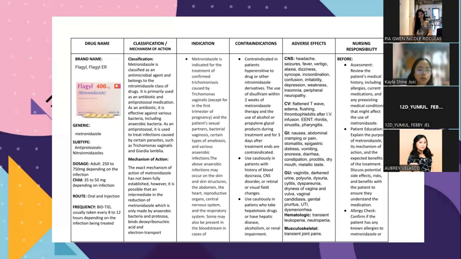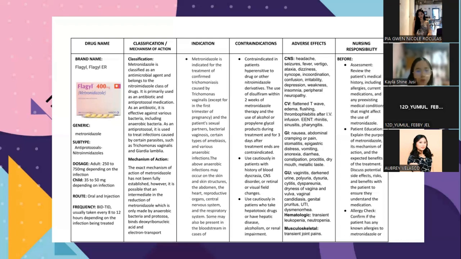These toxic metabolites have the potential to damage the DNA and other essential cellular components of the replicating microorganism by interfering with nucleic acid synthesis and other vital processes. Metronidazole thus inhibits the growth and replication of the microorganism, ultimately leading to its elimination.